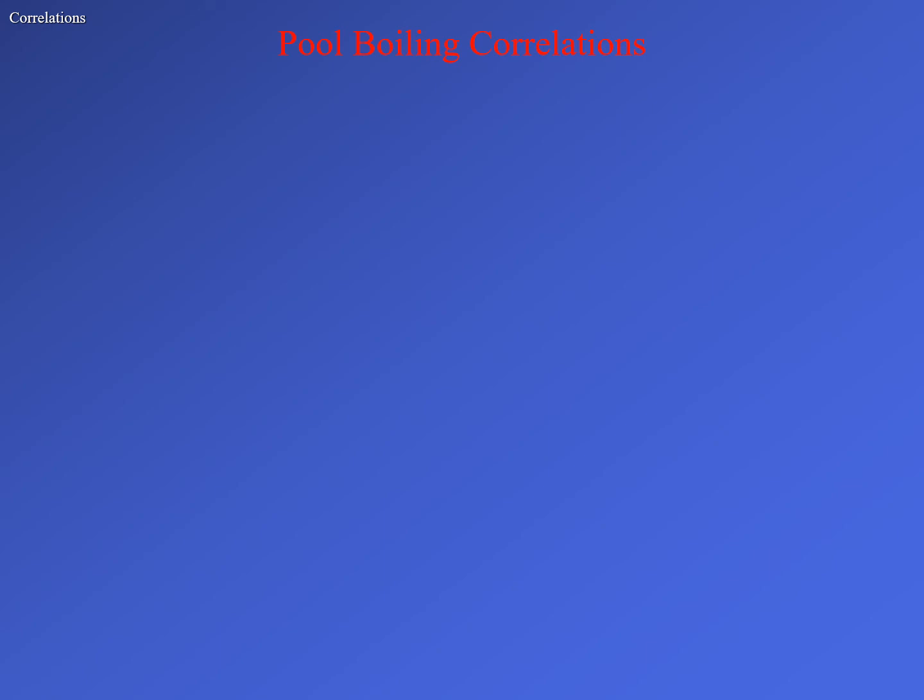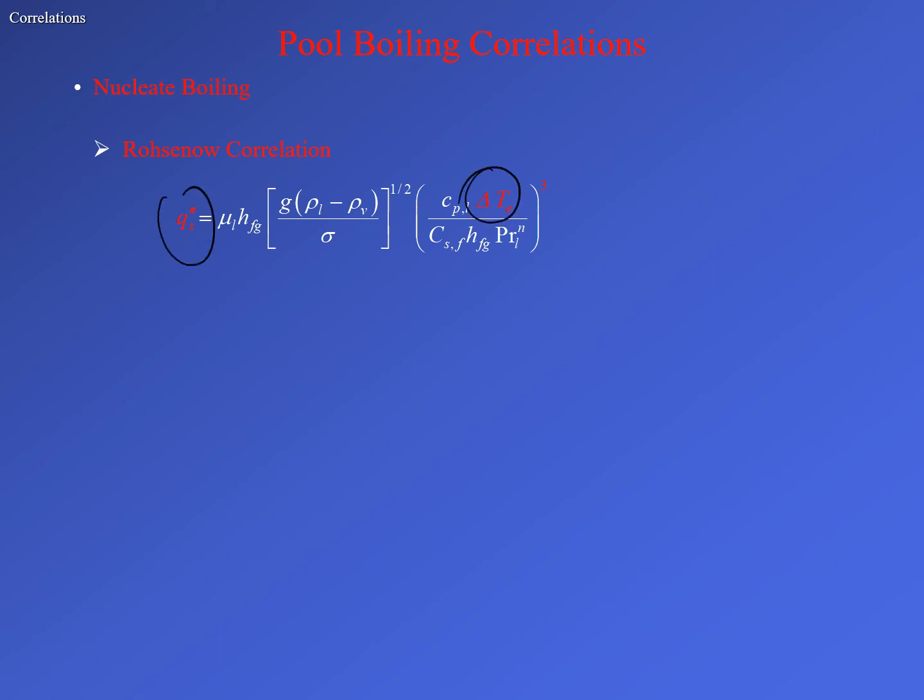All right, so correlations. Remember, although we showed you a figure, that figure is not available all the time, and you would typically want some sort of a correlation that can be used to substitute variable values and get numbers for the Nusselt number. One correlation is given here for your surface heat flux in terms of your excess temperature, delta T excess.